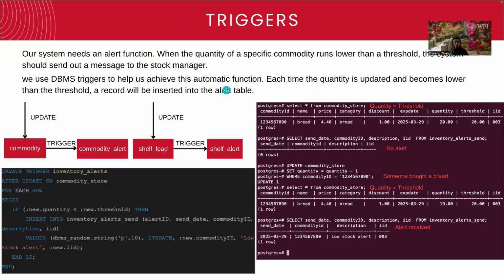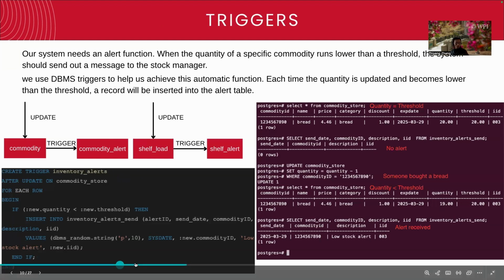Our system also needs an alert function. When the quantity of a specific commodity runs lower than a user-designated threshold, the system should send out a message to the stock manager. To achieve this automatic alert function, we use the DBMS trigger. We define an update trigger on the commodity table and shelf lot table.